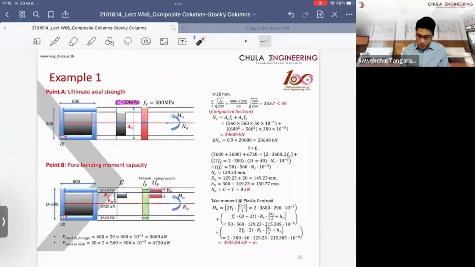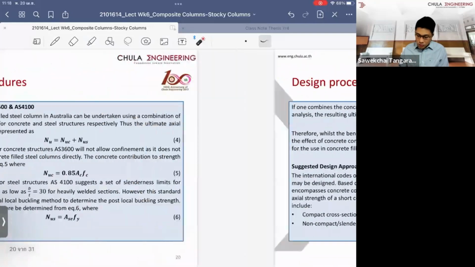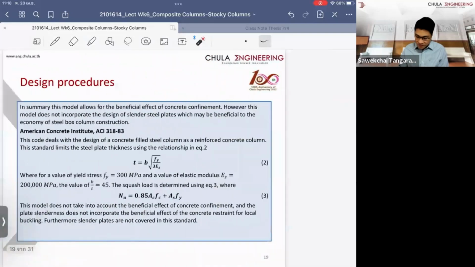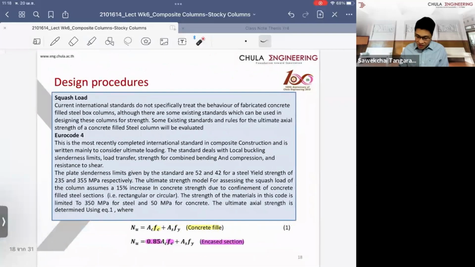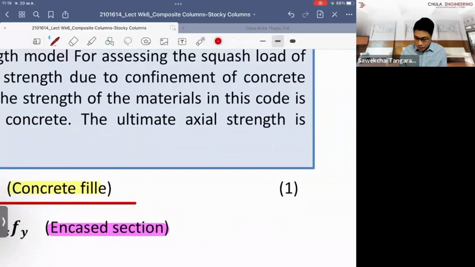This has been explained in the example. After this week's lecture, please go through what is explained in the code, which is similar to what I just described. The thing we haven't mentioned is that for infills, you are allowed to use the full compressive stress up to f'c because of the confinement effects.